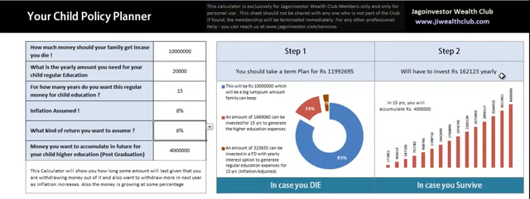So now you can see that with the help of this tool, you are able to create your child policy yourself, which has almost all the features which a regular child plan has in the market. And the best thing about this plan is that it has a lot of advantages. For example, you have complete control of every bit here.